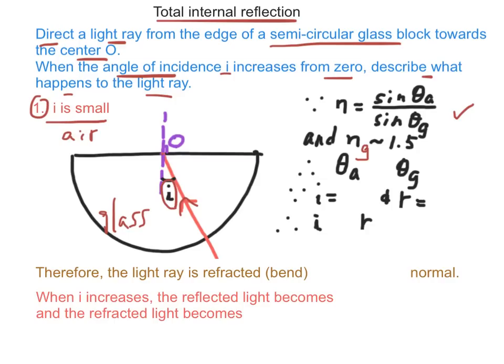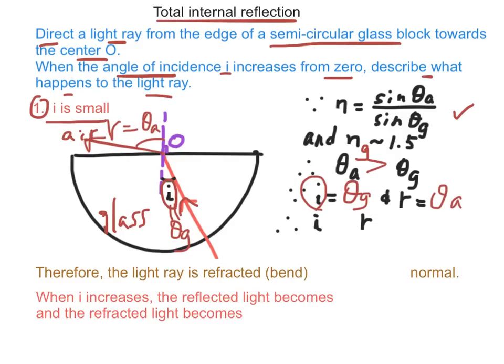Therefore, we have theta A larger than theta G. Since angle of incidence I equal to theta G, and angle of refraction R equal to theta A, therefore, we have R is larger than I. As a result, the light wave is refracted or bent away from normal.